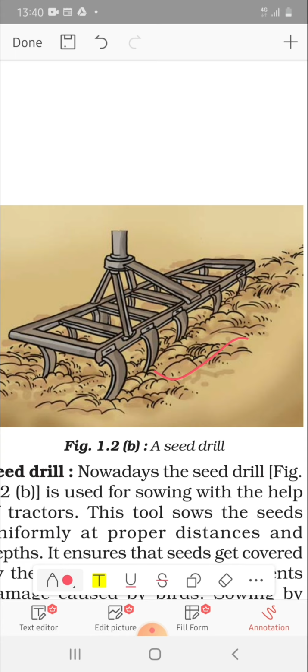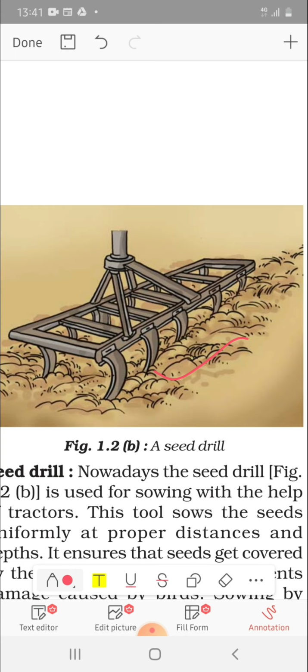On the other hand, here you see the seed drill, and the traditional way of sowing the seeds with the help of the funnel shaped structure, which is spreading the seeds in the soil. The other one, the seed drill, is also driven by the tractor. This tool sows the seeds uniformly at proper distance and at proper depths, so it ensures that seeds get covered with soil.